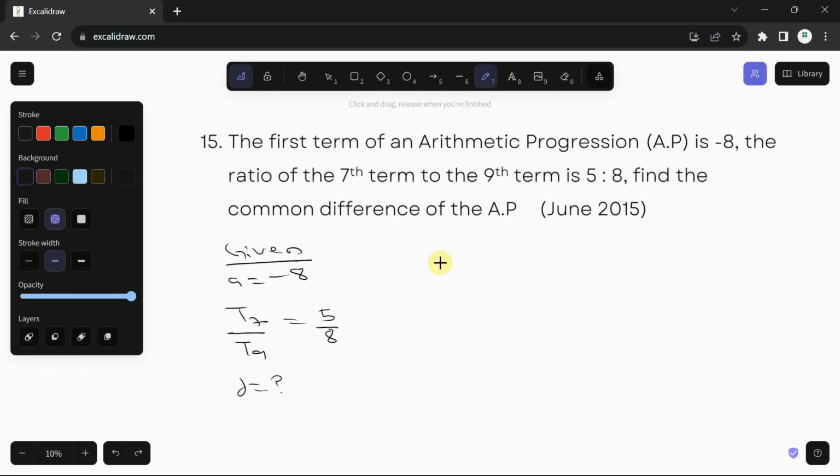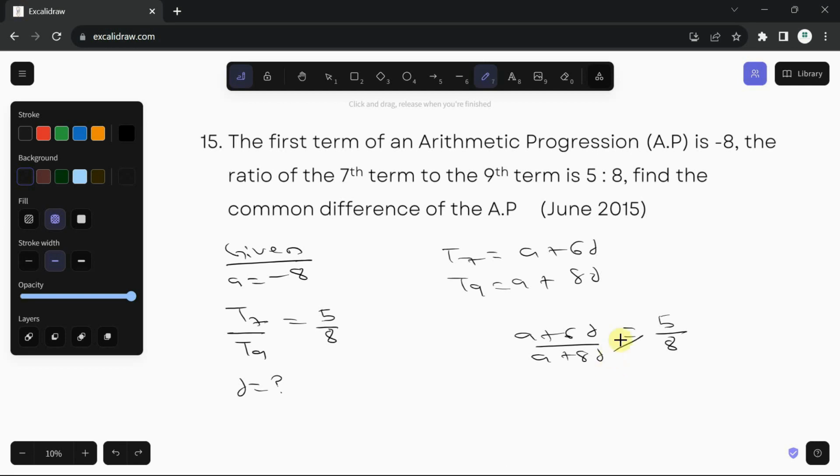What do we know about T7? From the formula, T7 will be A plus 6D, and then T9 will be A plus 8D. So if I substitute, A plus 6D all over A plus 8D is equal to 5 over 8.